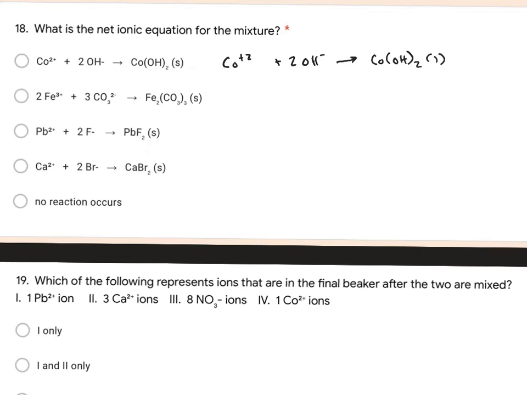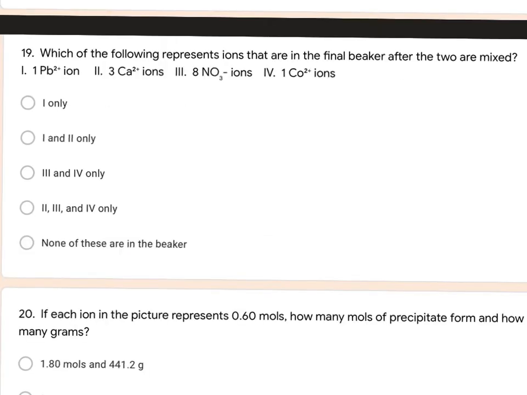So my answer here is this one. And then this question just says, which of the following ions are present in the final beaker after the 2 are mixed? Well, those are the ones that are still ions. Those are the spectator ions. It's basically a different way of asking the same thing as we had before. But we're going to have calcium ions and nitrate ions.